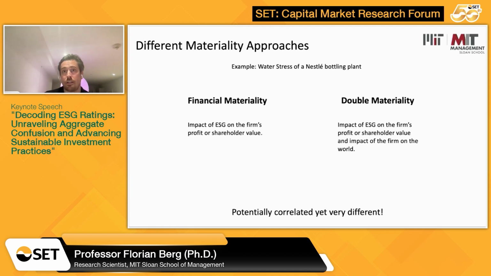Together, this is double materiality. In terms of ESG raters, that means they're not perfectly correlated, but there's still some correlation, because the source of the problem, the water stress, is the same. So both indicators will correlate somewhat, even though they're philosophically fairly different.